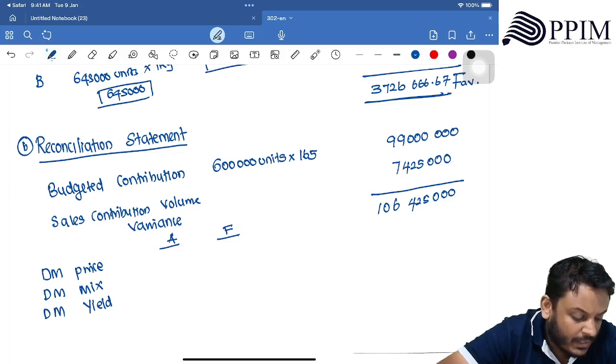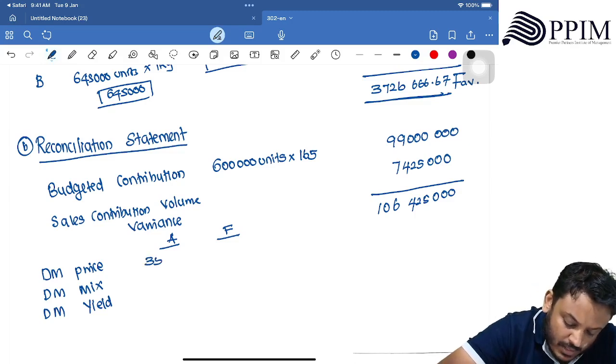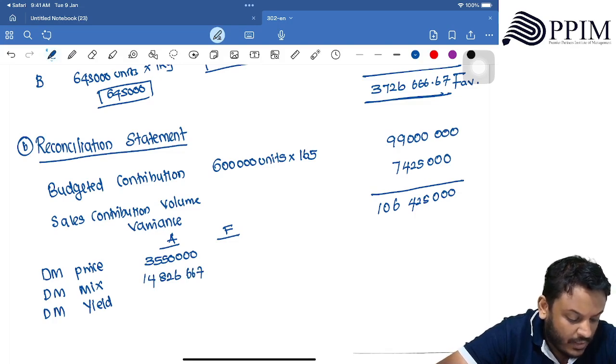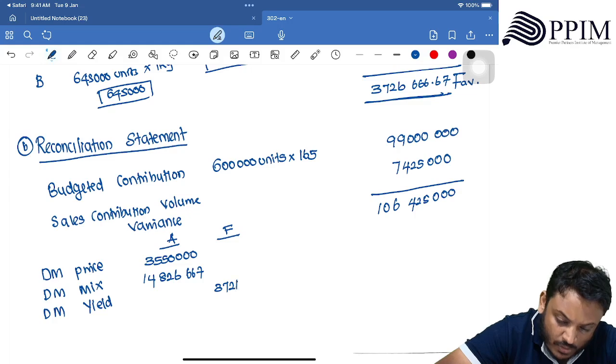So direct material price variance 3,550,000 given in the question. Mix variance 14,826,667. Yield variance 3,726,666.